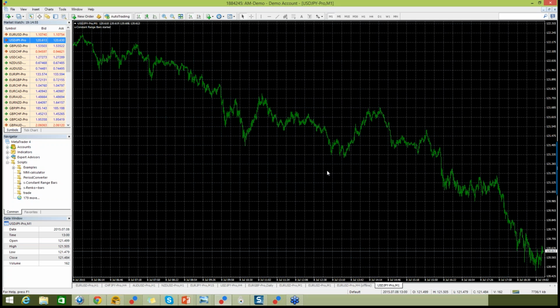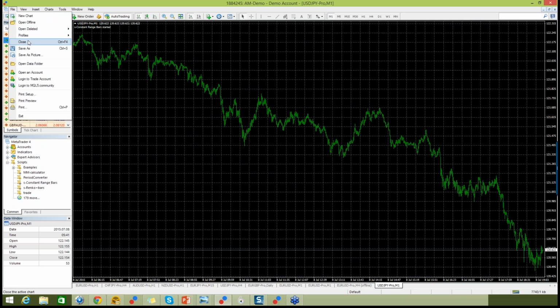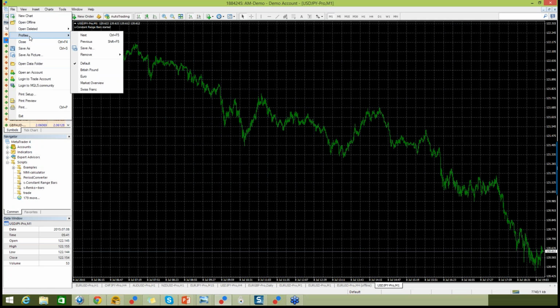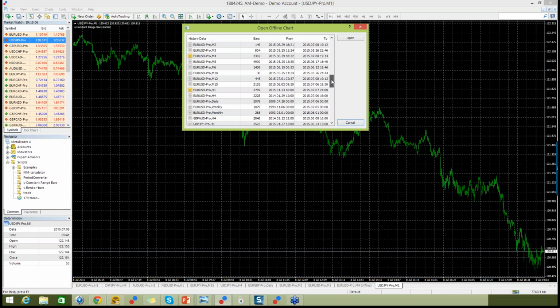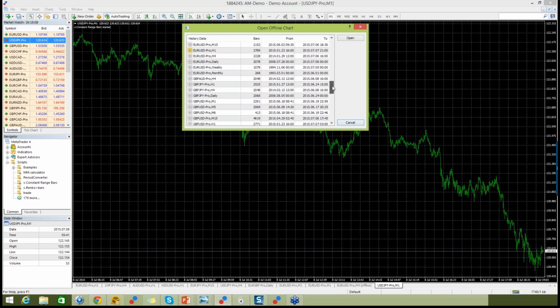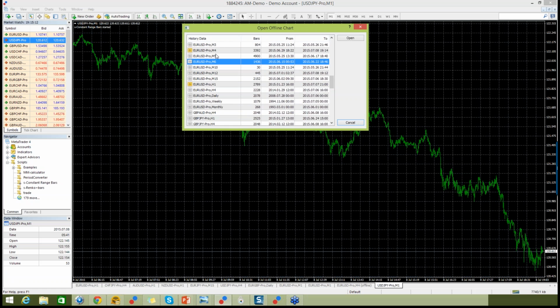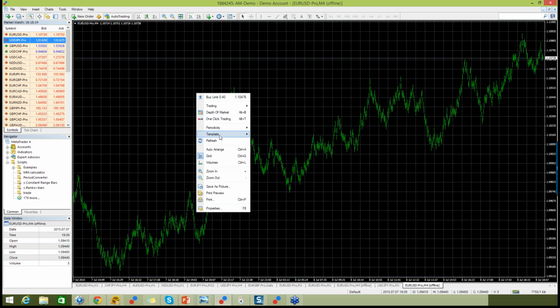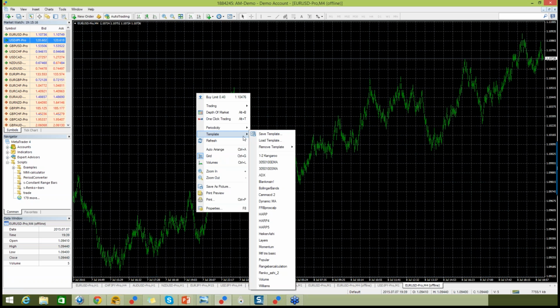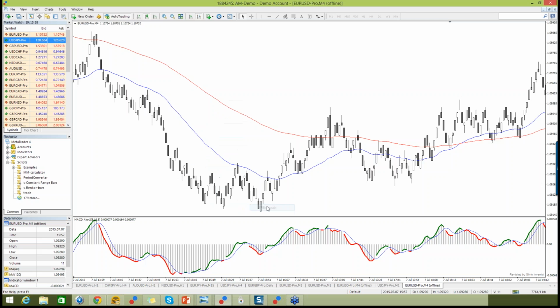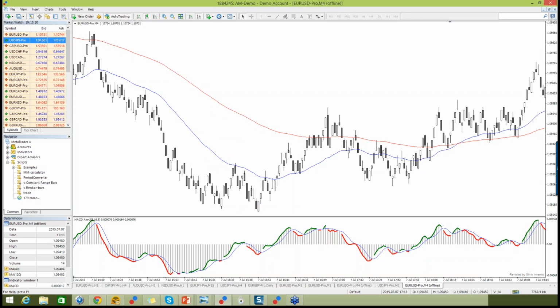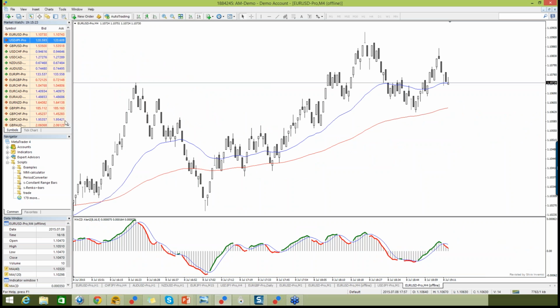So now you can apply euro dollar and dollar yen on forex range bars. Next, go to file, open offline euro dollar M4, which is just above, and go to template FRB, and you will have the template and your offline charts.